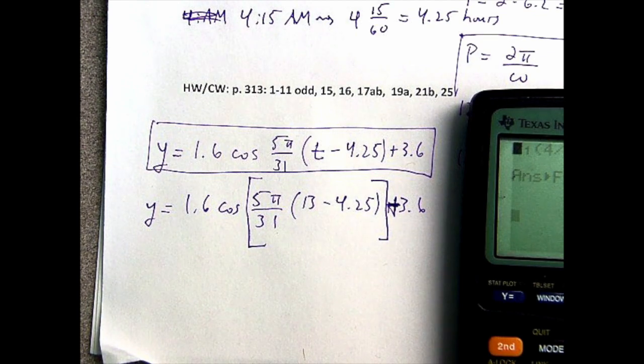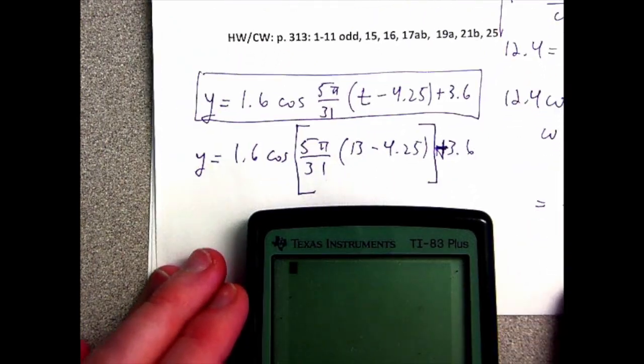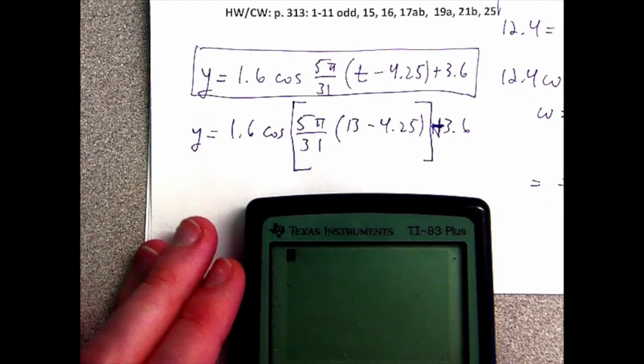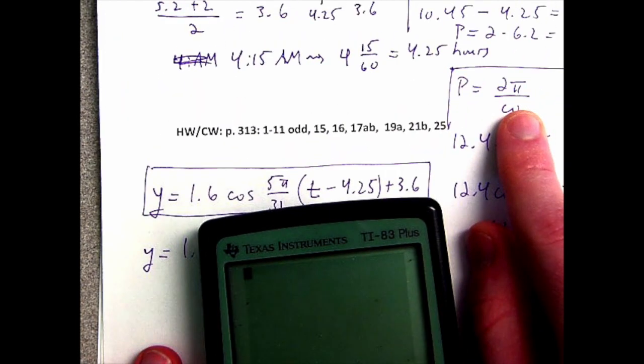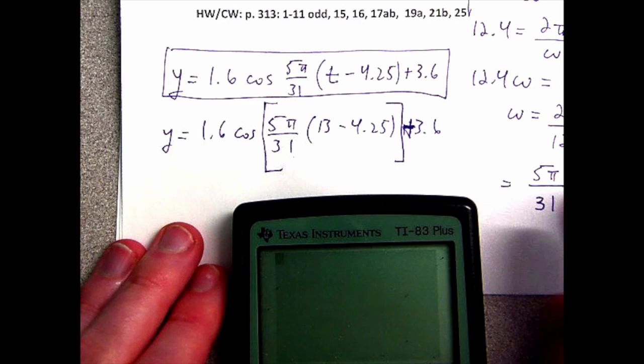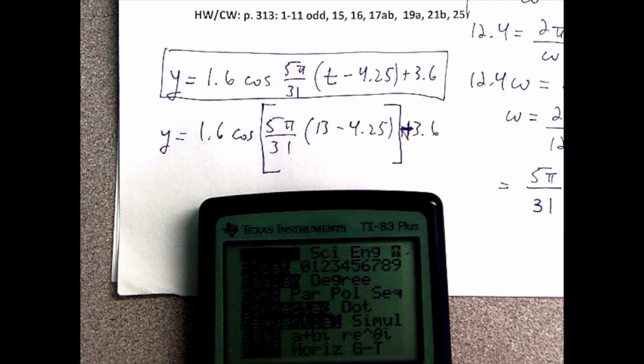So let's have a look at what this is. I should make sure my calculator is in radians because I'm using 2 pi for the period. This whole thing is measured in radians. If I wanted to do it in degrees, I suppose it would be 360 over omega. But all right, so yeah, I'm in radians. Okay, great.